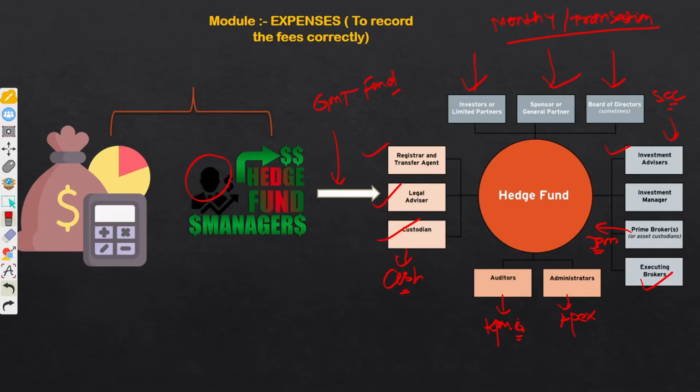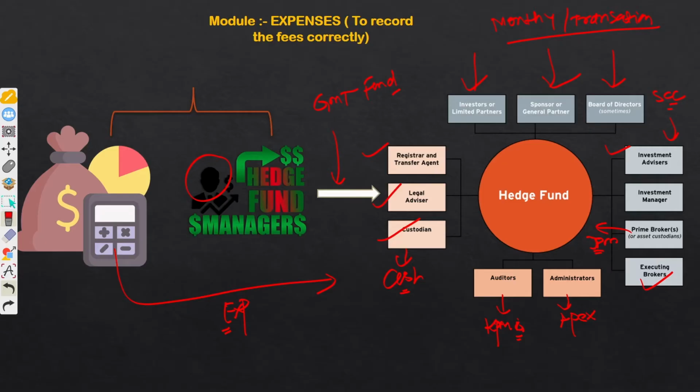All right, and then the fund makes a payment of those expenses, depending on their agreement. If the agreement is that the fund will make a daily payment, then the fund will make a daily payment and receive daily transaction information.